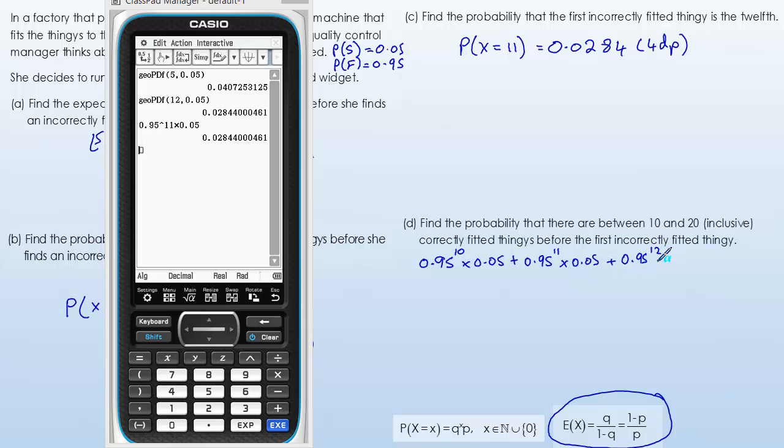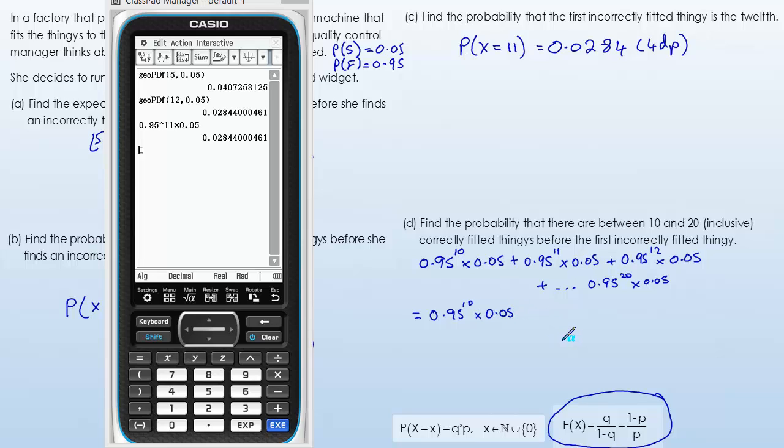Now don't worry, I'm not going to sit and calculate all these in the calculator. We're going to have a quick way of doing this. And this needs to continue all the way up to having 20 failures times 0.05. Now, you should spot that there's a common factor here of 0.95 to the 10 multiplied by 0.05.